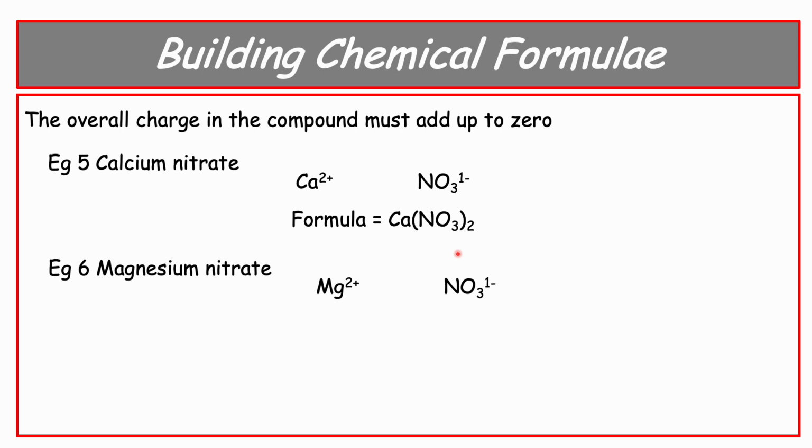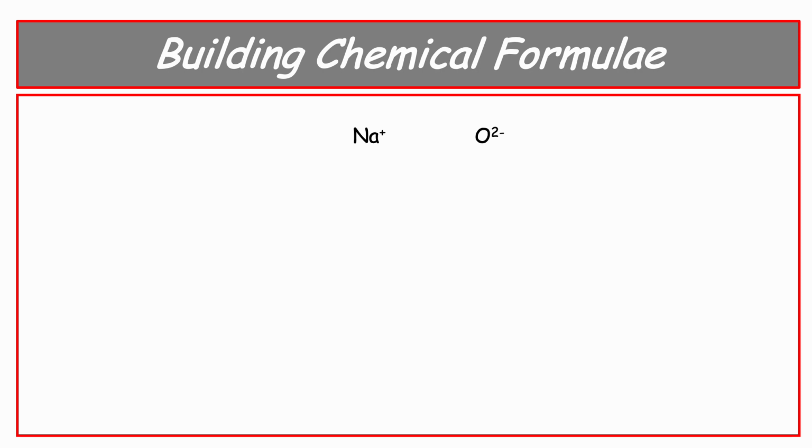So whenever you need 2 lots of a compound ion, you're going to have to use brackets to show the overall compound is what we are doubling. So the formula will be Mg brackets nitrate close brackets 2, and that shows you need 2 lots of the N, and we've got to double the O3 as well.